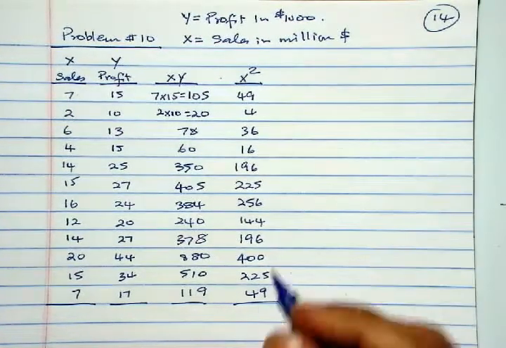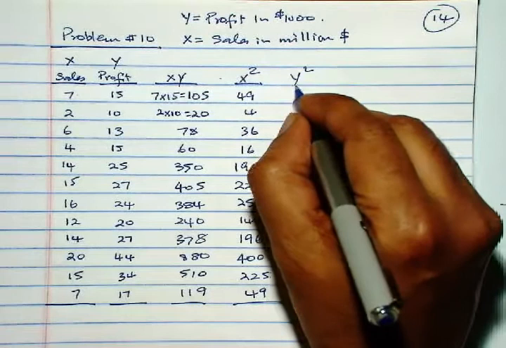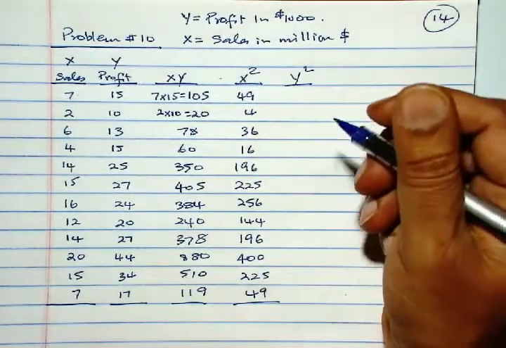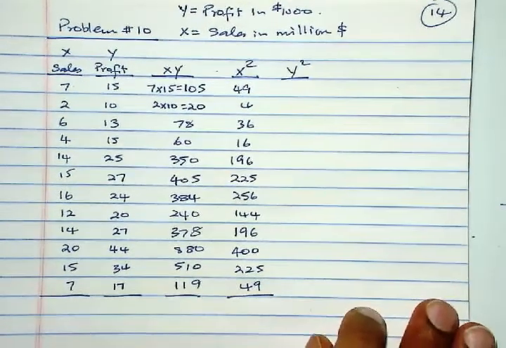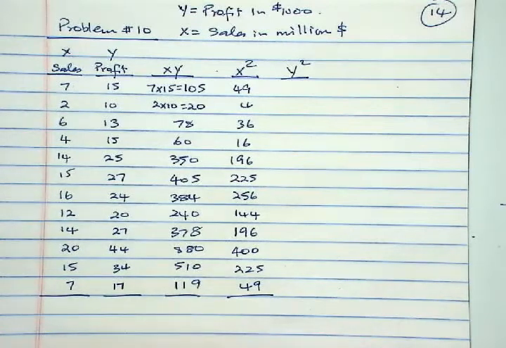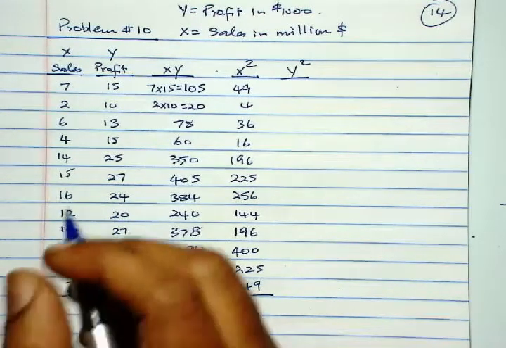And we also need Y squared for computing standard error and coefficient of correlation and coefficient of determination.